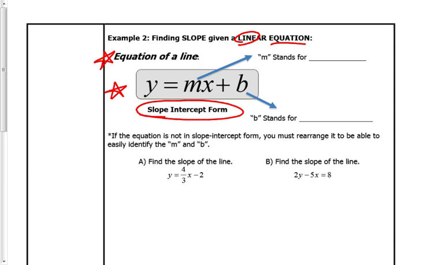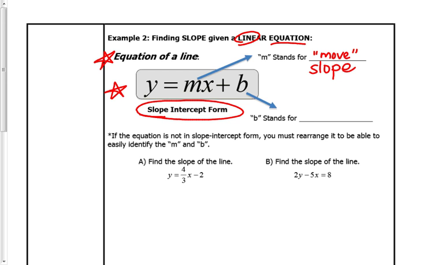So when they say that, they want you to set it up just like this, where y is on the left side here. You have an equal sign and then a number in front of x. Okay, so the m actually stands for, we can think m for move, which is really the slope. Okay, the m is the slope. We think m, we move.